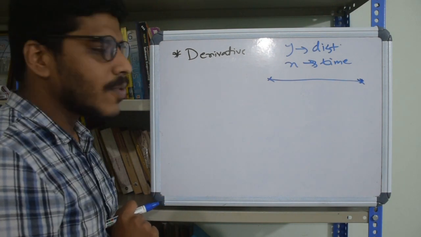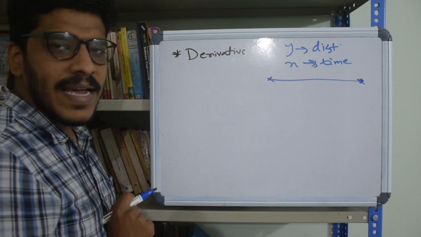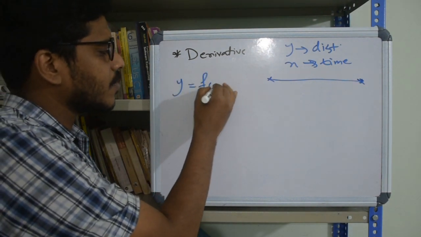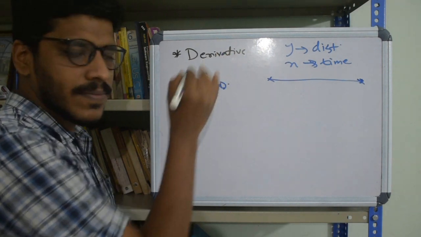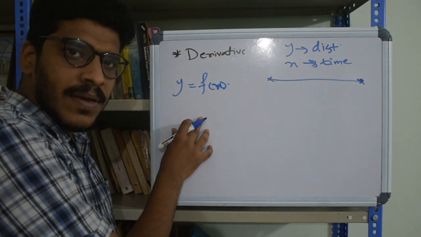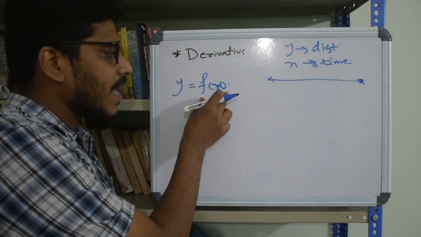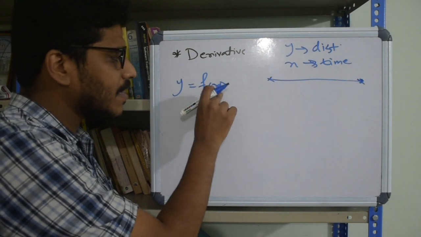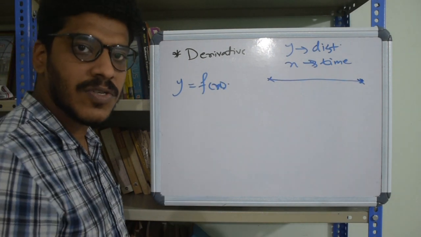And suppose that y and x observe a relation as y equal to f of x, or this just means that the bus travels f of x units of distance within x seconds or x units of time.